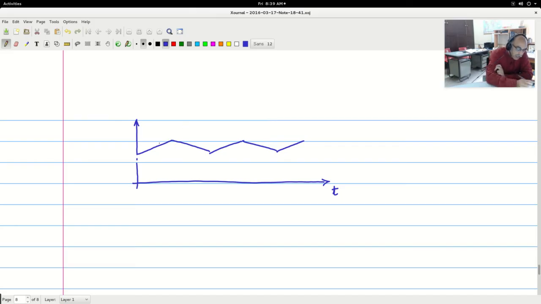Now this is the inductor current waveform, and this is IL, that is right, and the portion that is supposed to flow through the diode is this. So I will say this is the diode current.